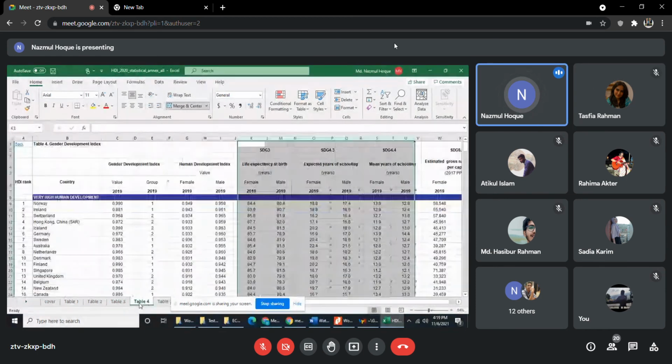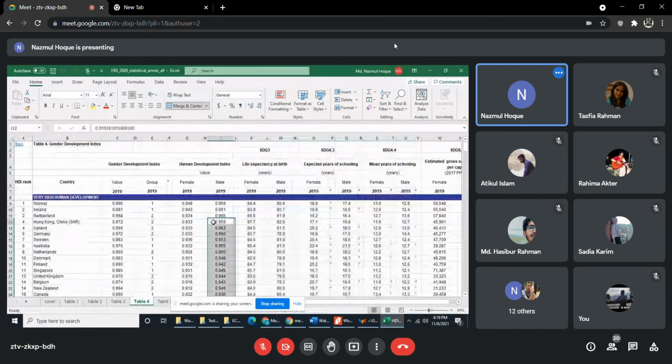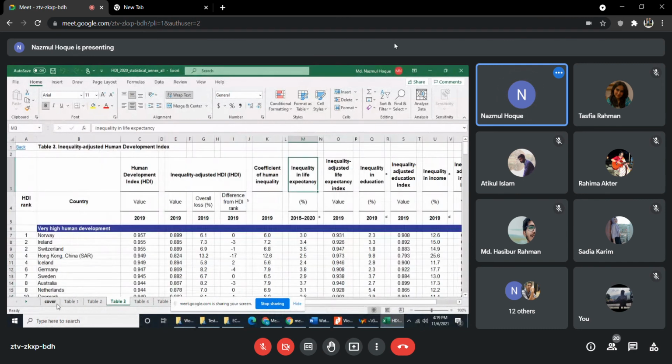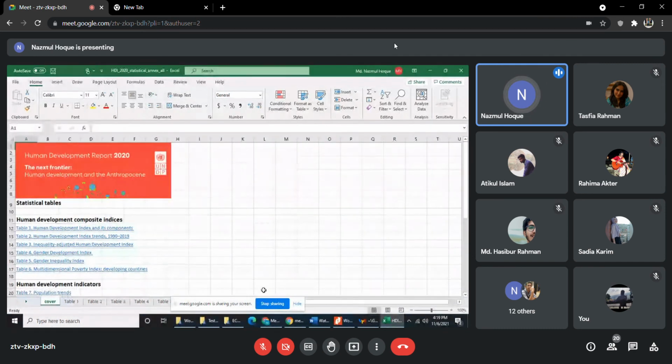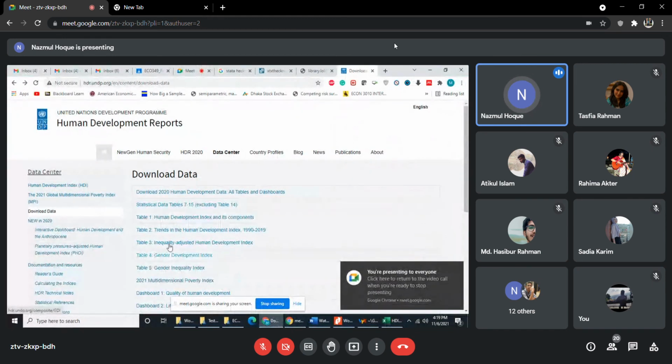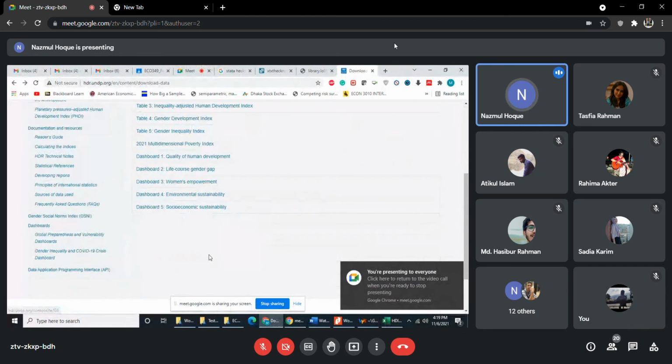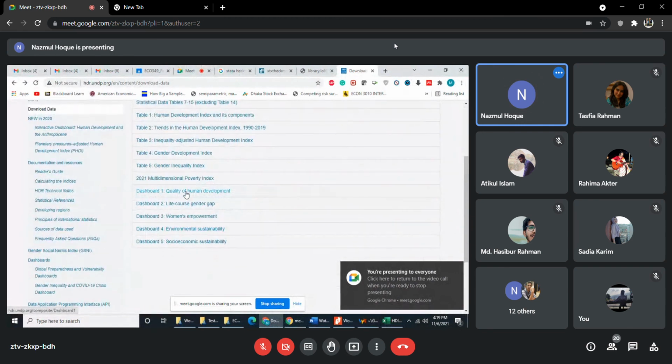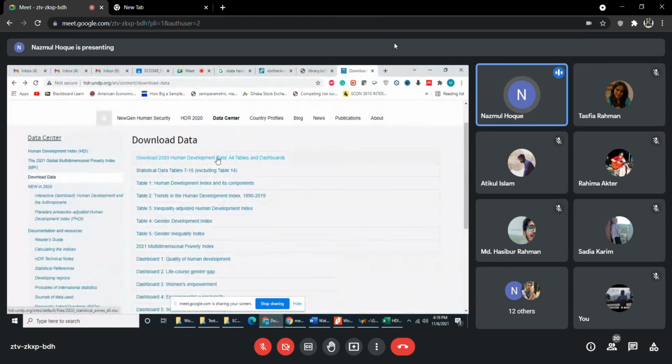Yeah, so I was basically talking about these tables. You can take a look at these tables and start from here. You can download from that file, okay? They have a lot of tables here, so you can choose one of these. If you click here, it will download all the tables.